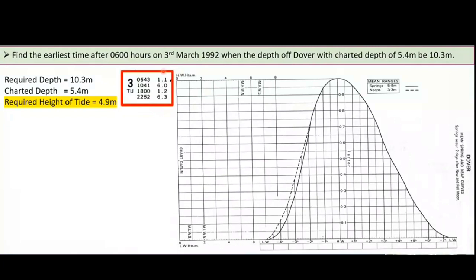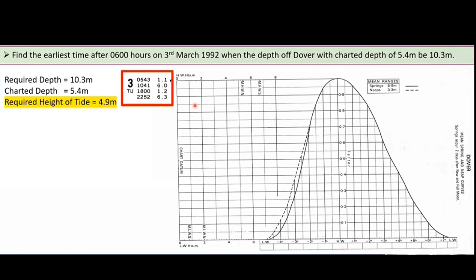This is the daily prediction which we extracted a while back for 3rd of March. Now we get going with the plotting. But before we get going with the plotting, we need certain more information like the duration of tide, range of tide.